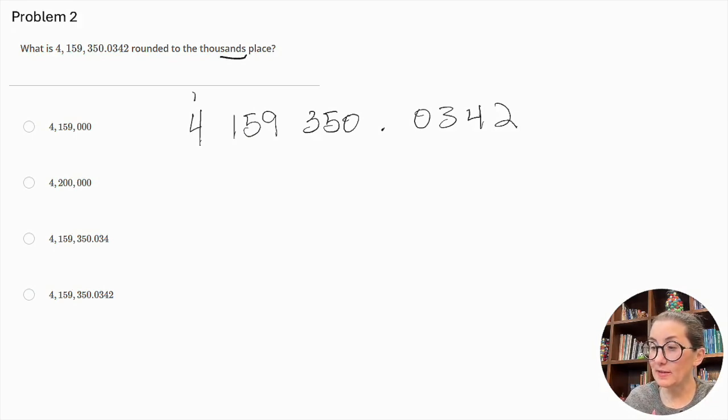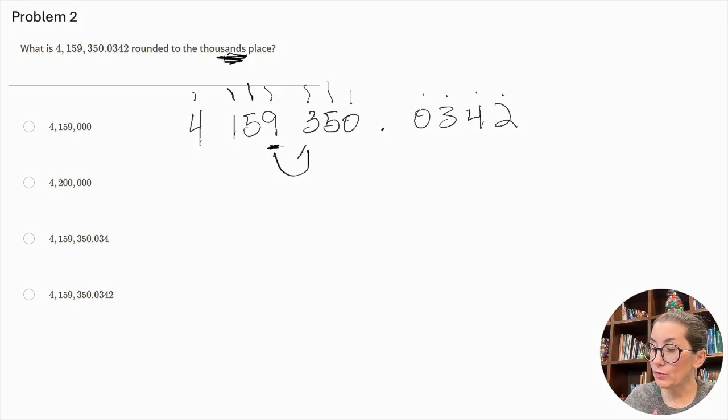This is millions, hundred thousands, 10,000s, thousands. And that's what we're looking for. Hundreds, tens, and units. On the right side of the decimal, we have tenths, hundredths, thousandths, and 10,000ths. So we're looking to round to the thousands place.